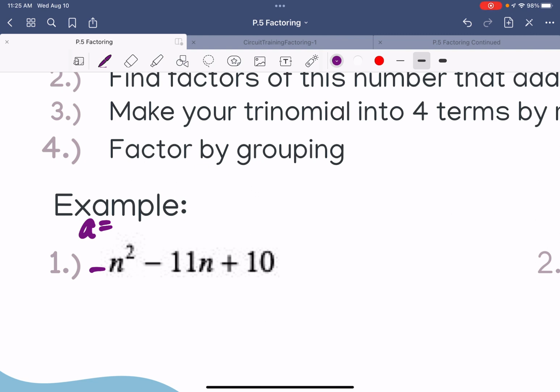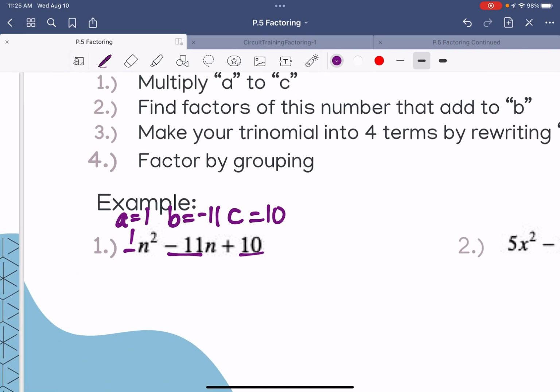In this case, nothing's showing up, so remember there's always that imaginary 1. So A is 1, B is going to be negative 11, and C is going to be 10. And if you're just getting used to this and trying it out, please don't be afraid to actually write out A equals, B equals, C equals, because it will make your life easier.